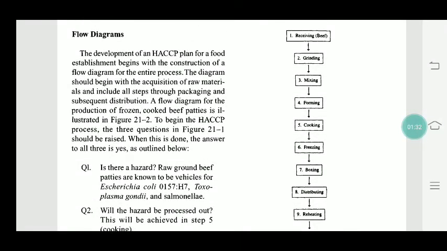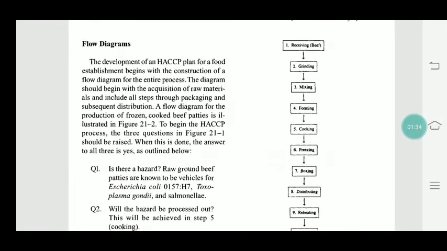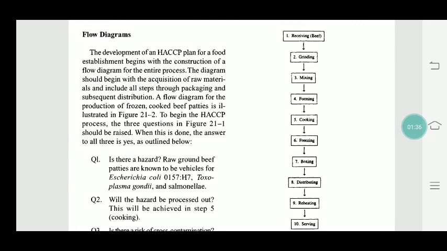So this diagram simply shows how our food is going to be processed. Here 10 steps of food processing are given. Okay, so is it clear about the flow diagram?